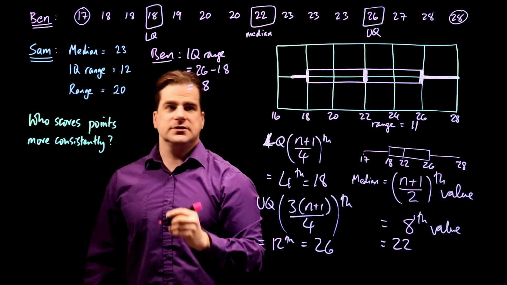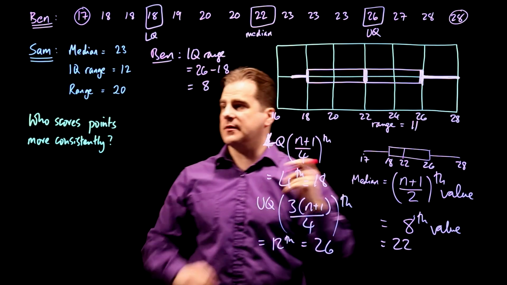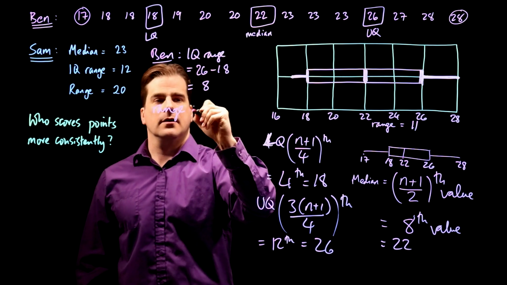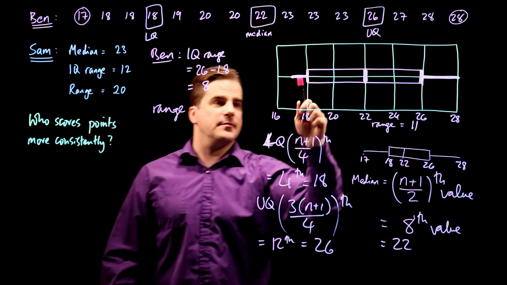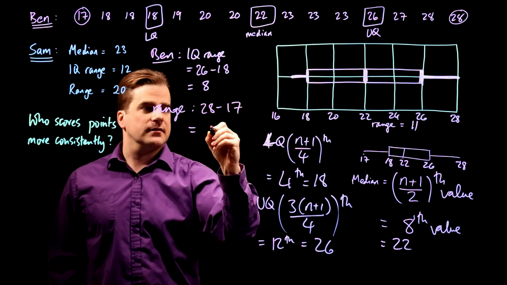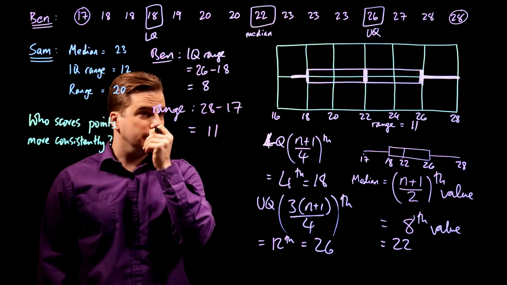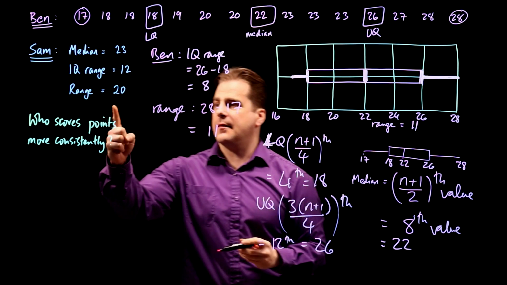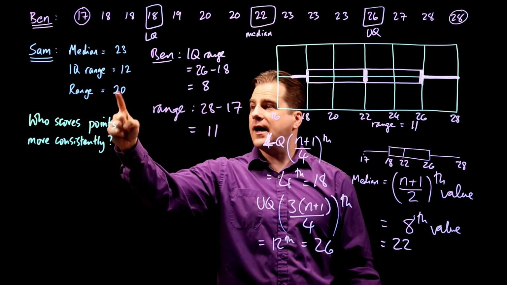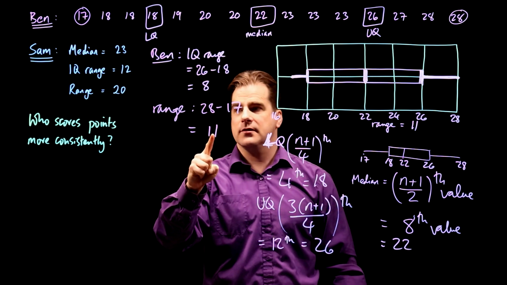And Sam's range, that's the highest minus the lowest, is 20. What about Ben? What's his range? His range is 28 minus 17, which is 11. So Sam has a higher interquartile range and a higher range.